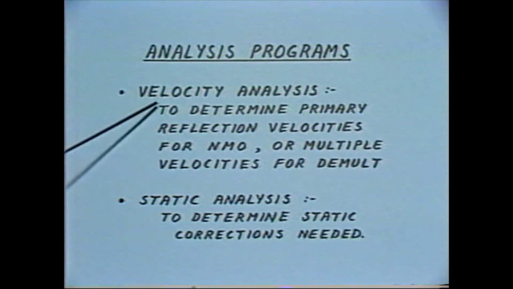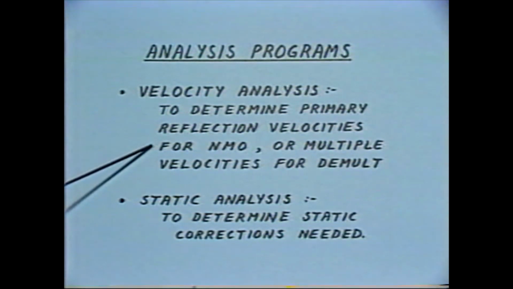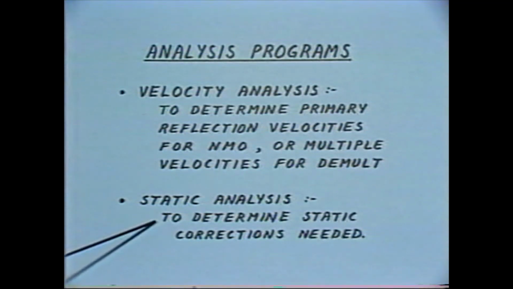And those velocities are then used in the move-out correction of the data before stack, or in the move-out correction that is needed in the demultiple process. The static corrections, of course, are needed before the common depth point stacking is done. So this then completes the overview of the major processes that are used in a typical processing sequence on seismic reflection data.